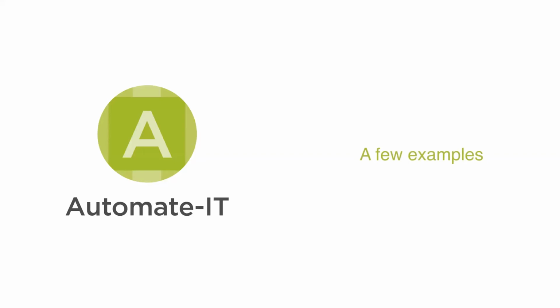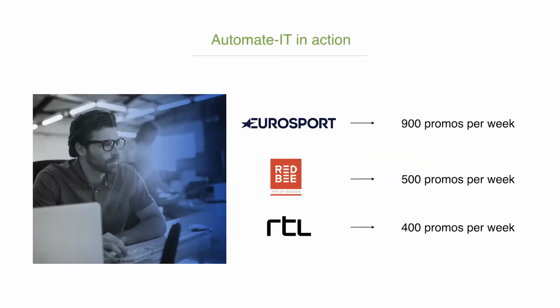So just before we jump into the demonstration, I just wanted to tell you about a few real world examples of customers that are using AutomateIT, and the kind of efficiencies and benefits they see from using the platform. So 3 customers that we're particularly proud to work with. Eurosport, obviously part of Discovery, are generating about 900 promos a week through AutomateIT.